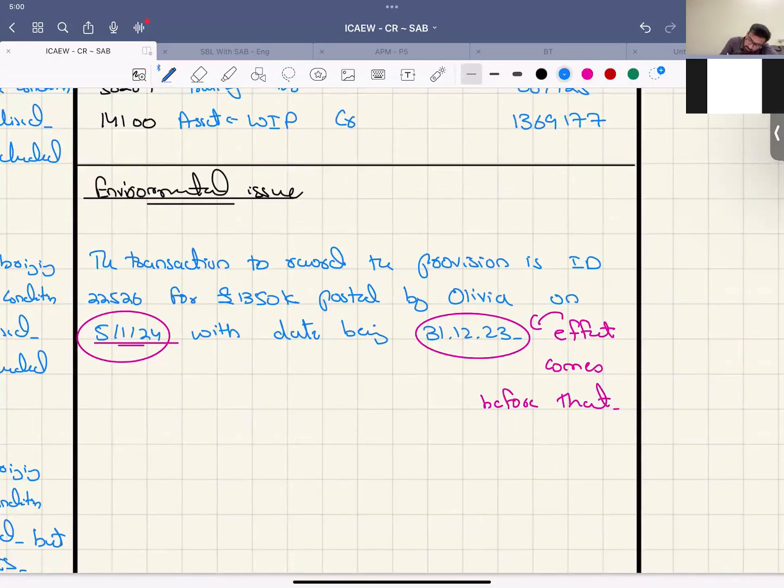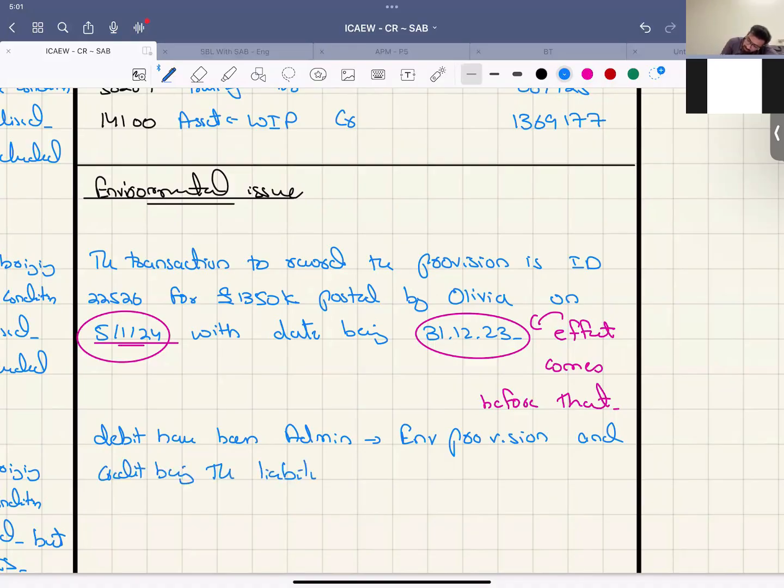And debits have been admin environmental provision, which is right, debiting the environmental provision or the expense, and credit being the liability.